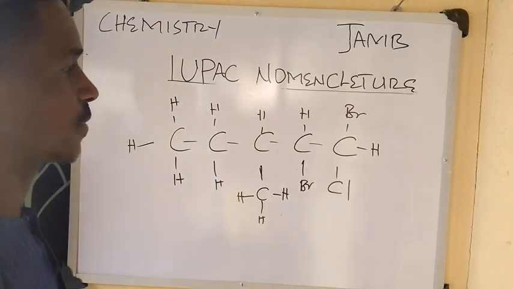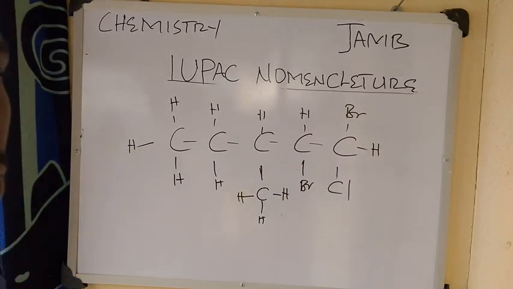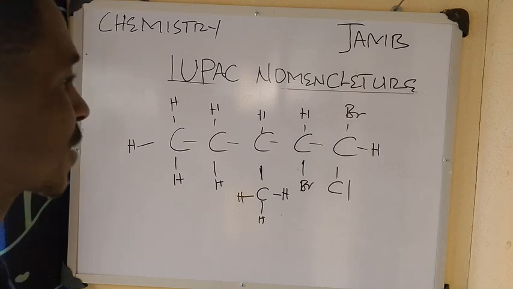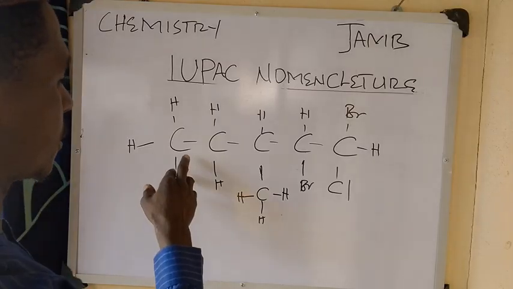So what do you call this one? We say the first thing you need to do is what? To choose your longest carbon chain, or your longest what? Continuous carbon chain. Which longest chain is longer? That's what we're asking.